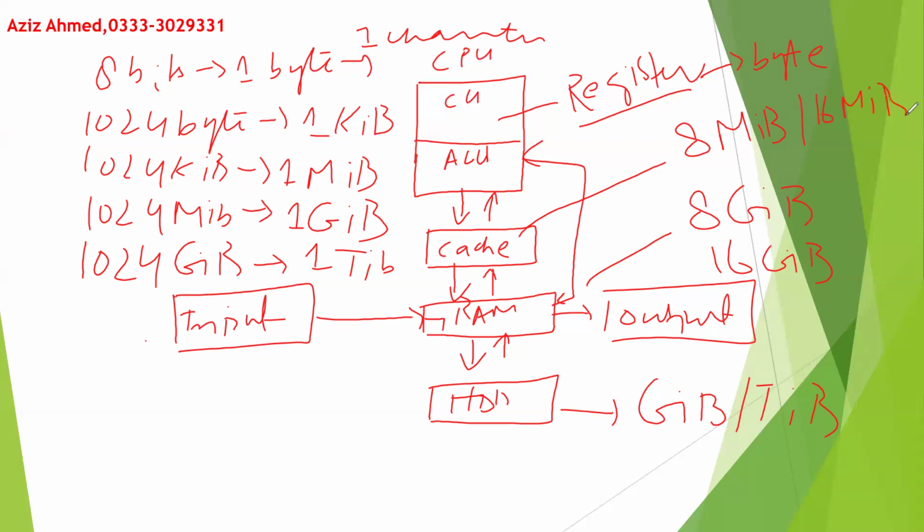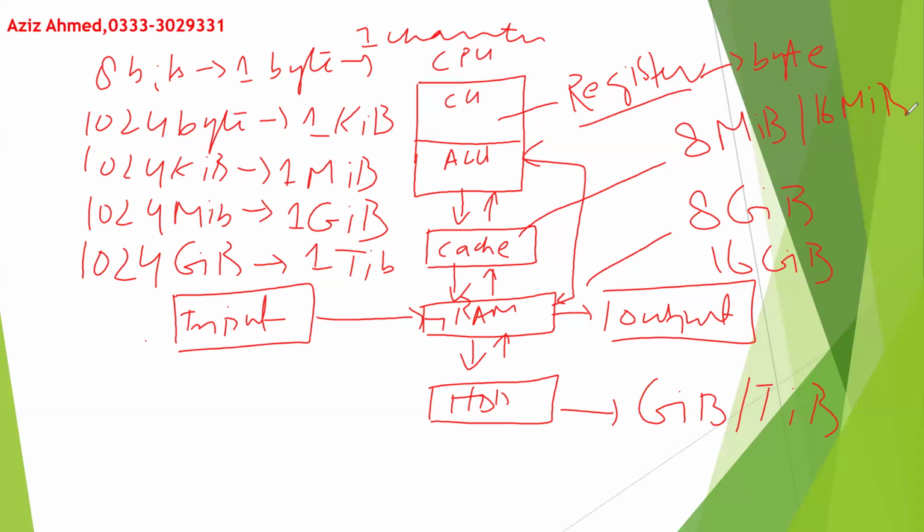Now here you can see, but register, see how small the register is. It can be 32-bit, meaning 4 byte storage, or it can be 64-bit. So the CPU has its own storage that is called a register. Got the idea? Whenever you type your data, it is always stored in RAM.